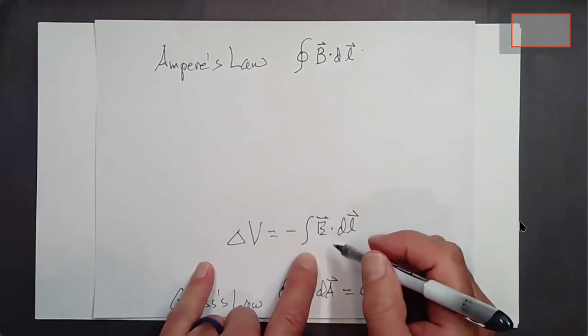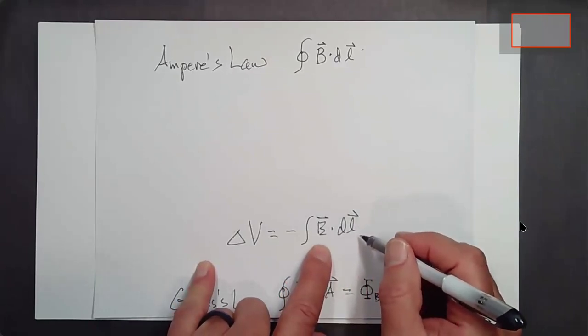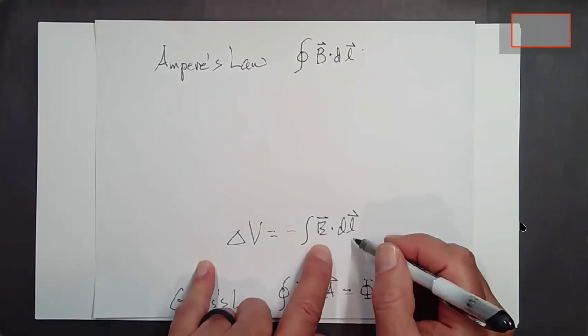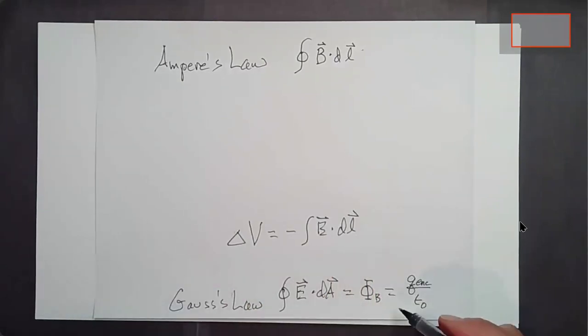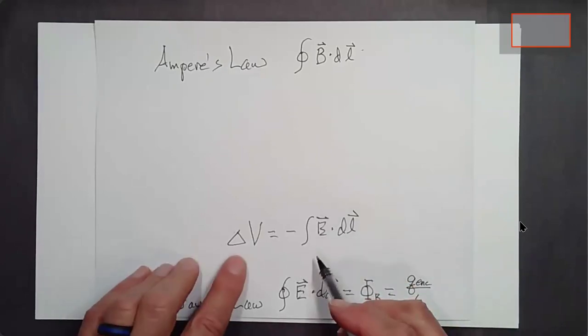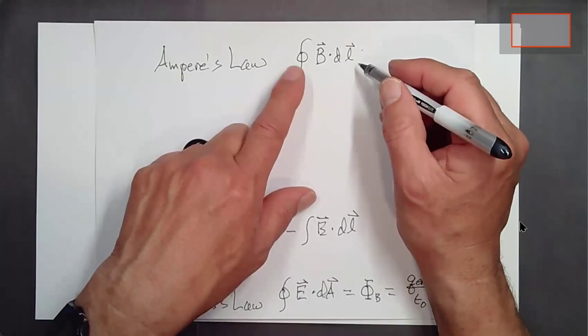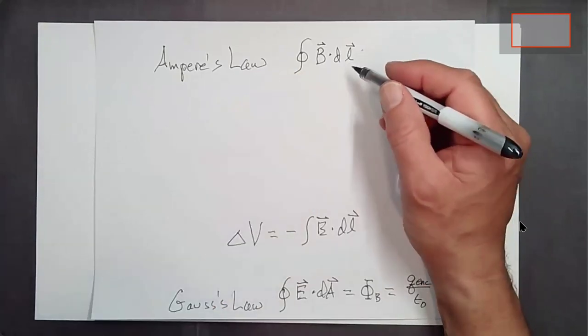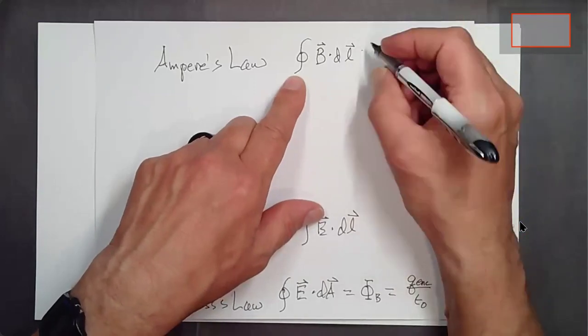And if we were to do an integral of E dot dl around a closed loop, we'd end up with 0 for the result because we'd be right back at the same point that we started with. But with the magnetic field, that's not the case. Turns out that a magnetic field is not a conservative field.